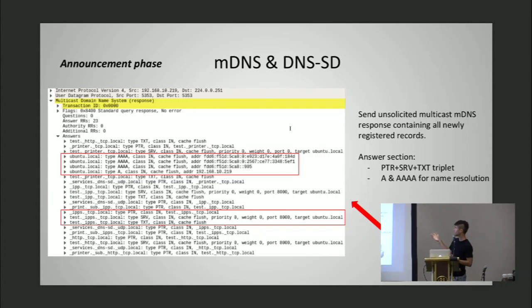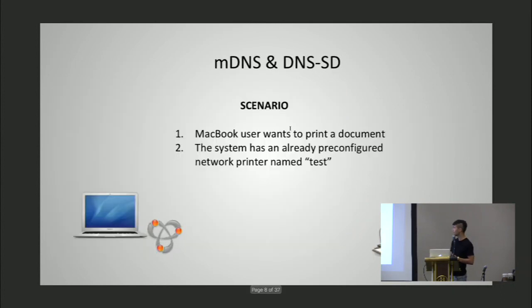And it will send an unsolicited multicast mDNS response that contains all of these newly registered records, which, as I mentioned before, will include the pointer, service and text triplets, plus the A record for name resolution. So let's see an actual scenario there.